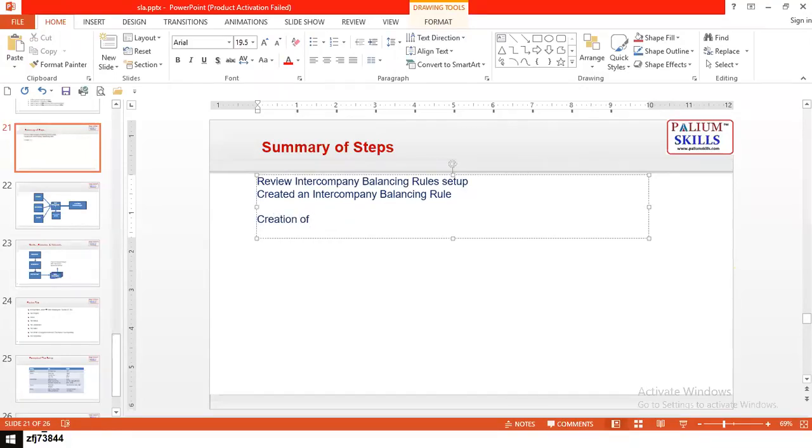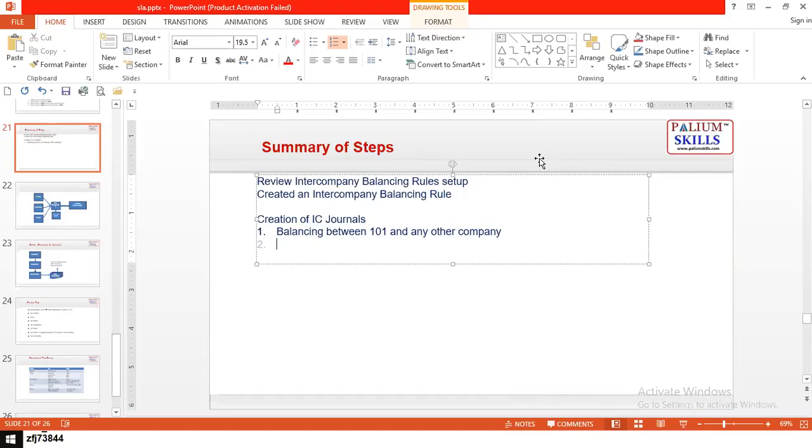Then the creation of intercompany journals. What are the types? One was balancing between 101 and any other company. One we did was between US one and any other company.